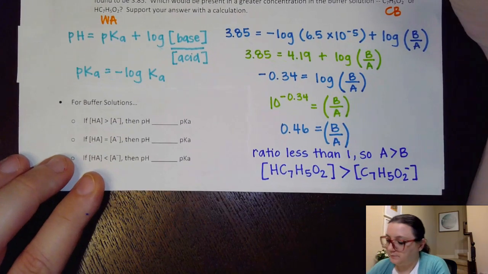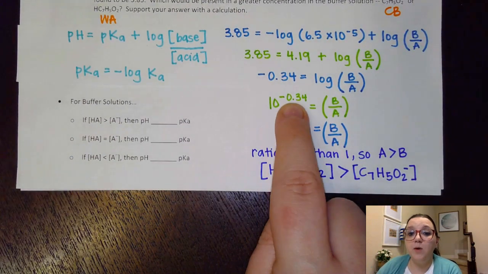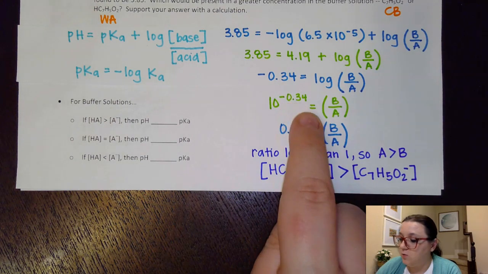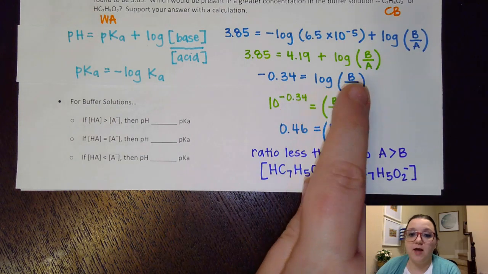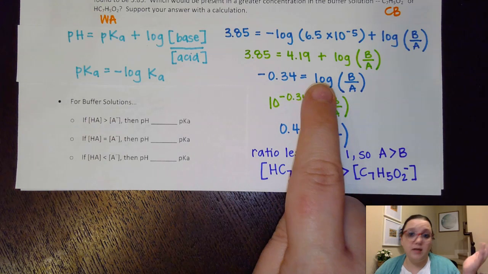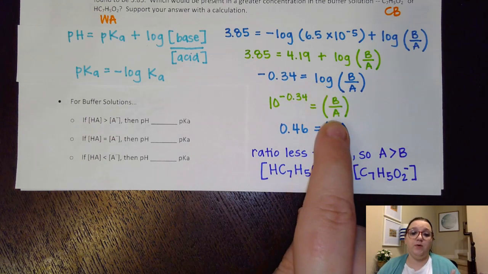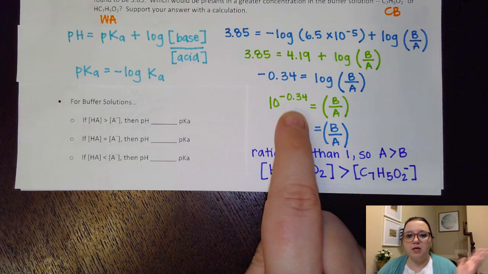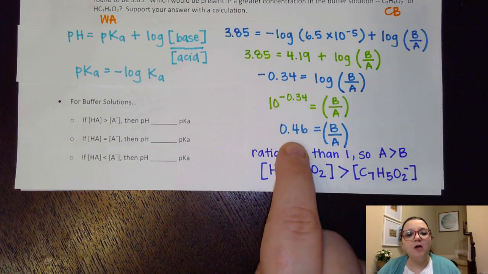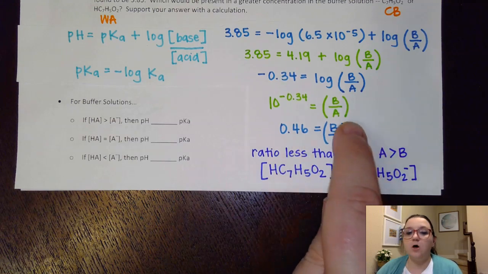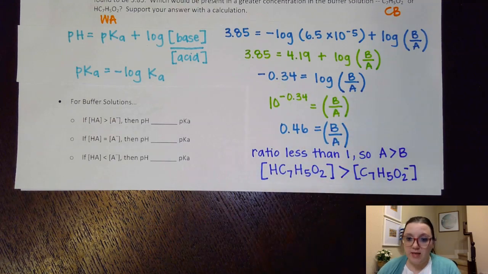I said, hey, 10 to the negative 0.34 is going to equal 10 to the log of base over acid, and 10 raised to the log cancels out. So that just leaves me with B over A. So now I went ahead and solved this number here. I plugged it in my calculator. That got me a value of 0.46 equals base over acid. Now again, the base was my conjugate base, that C7H5O2 ion.